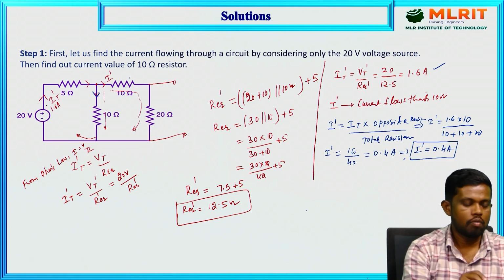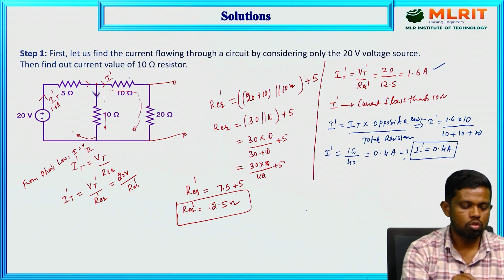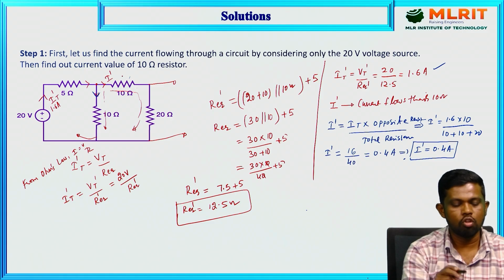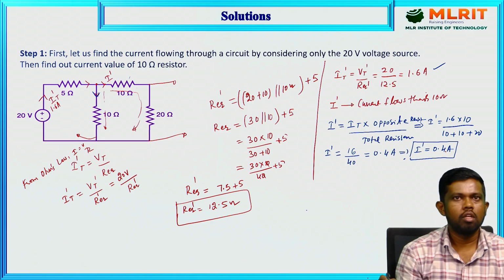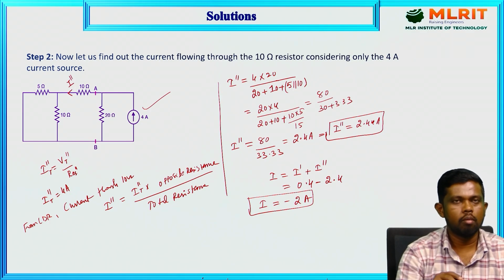Then we find the current flowing through the entire network, and after that find the required current through the 10 ohm resistor. That value we got as 0.4 ampere. Then in the second step, the current source is connected alone and the remaining source is disconnected, that is, the voltage source is simply replaced by a short circuit path.